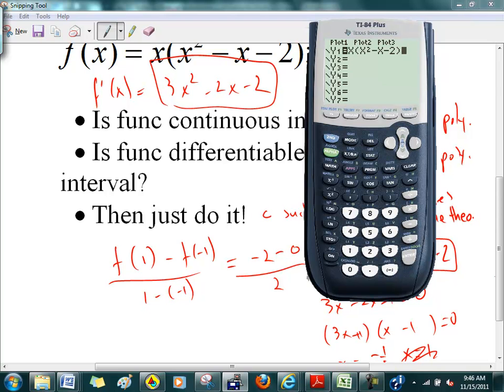For your window, you're going to use negative 1 to positive 1. And it looks like you want to change the y value, so make your y go from negative 1 to positive 1.